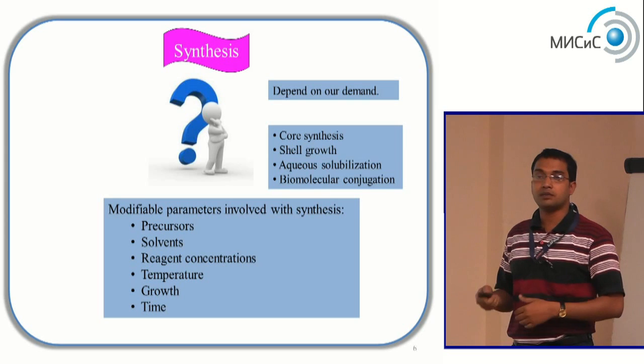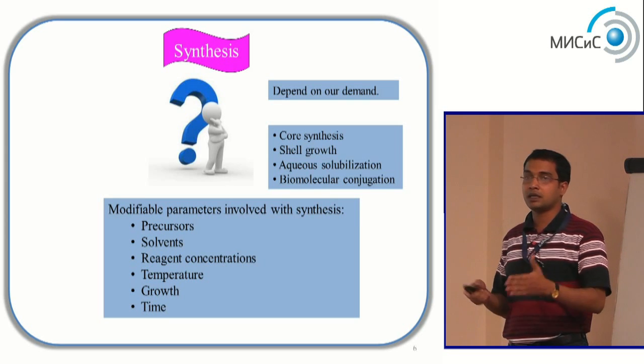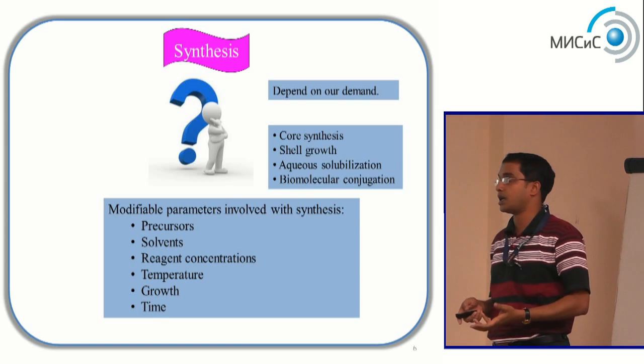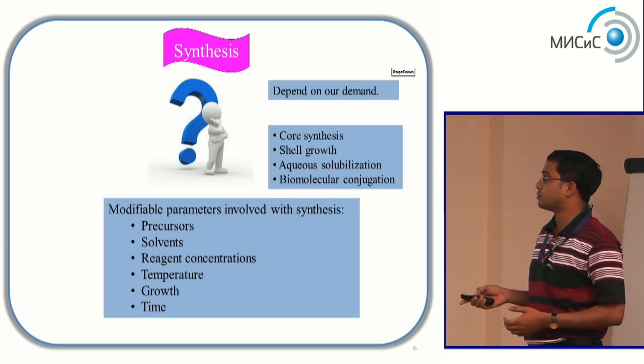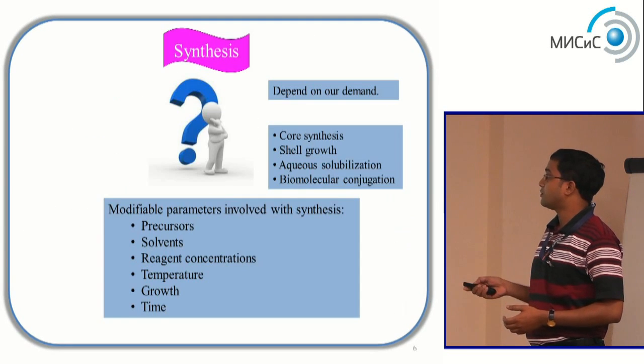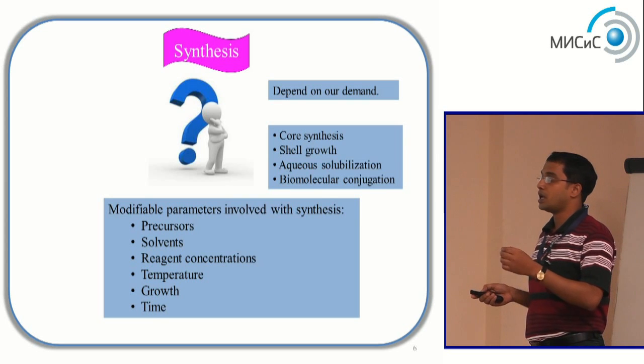Synthesis depends on our demand. If we are going to apply this for a biological purpose, then synthesis is one kind, and if we are going to use it with a biosensor, then synthesis is another kind. Our purpose is biomolecular conjugation, which contains four steps. First, the core synthesis.